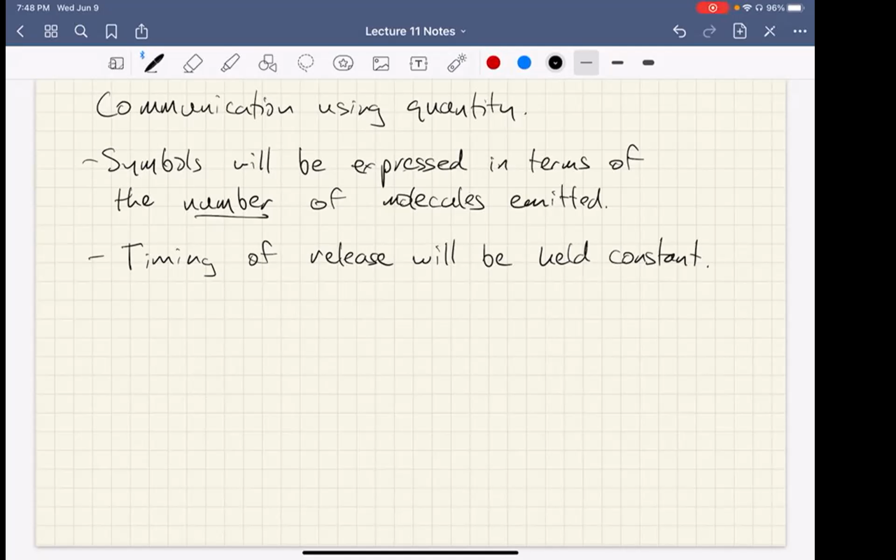As I mentioned a couple lectures ago, sometimes this goes by the name of concentration shift keying.